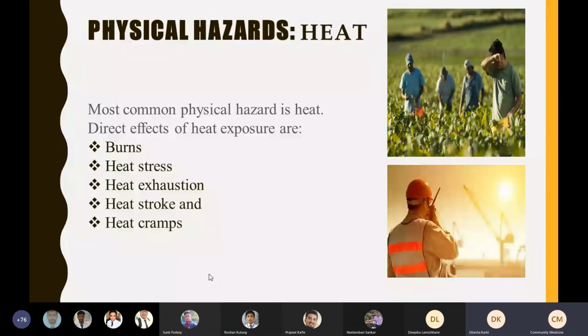We can give the example of farmers, who usually work in high heat, so they have problems with skin burns. And workers in the Dubai and Qatar area, where there is high temperature, can face heat stroke and heat cramps.